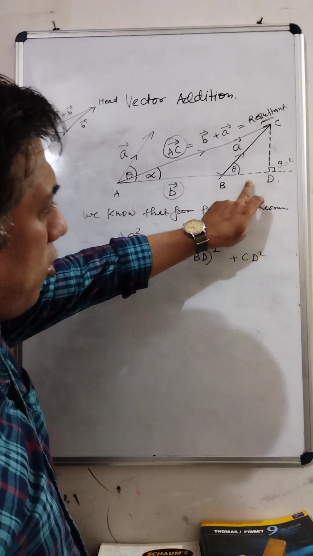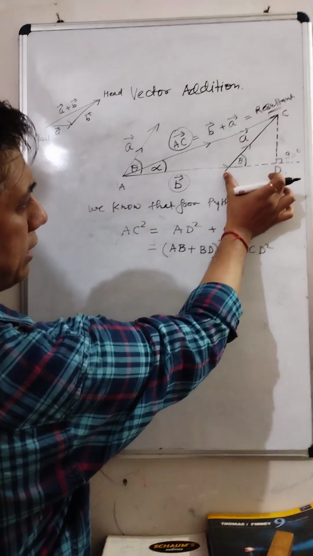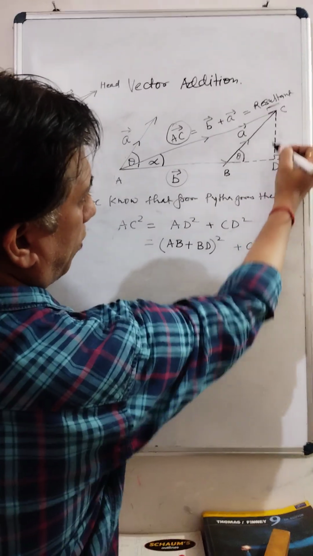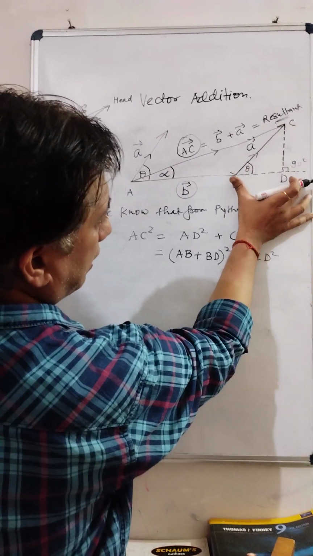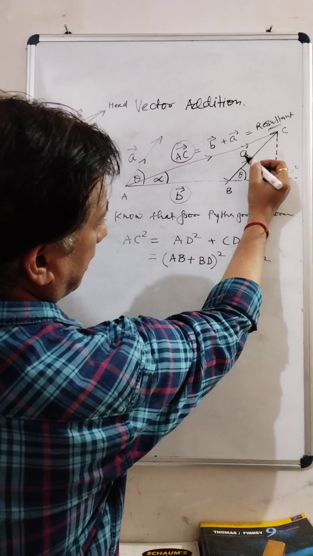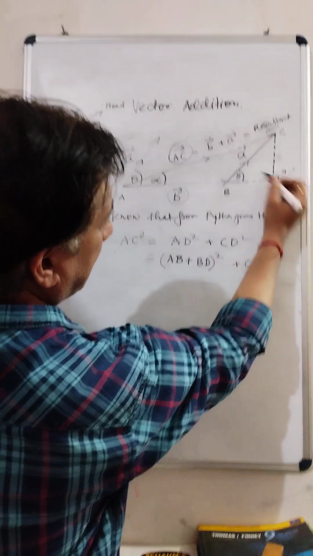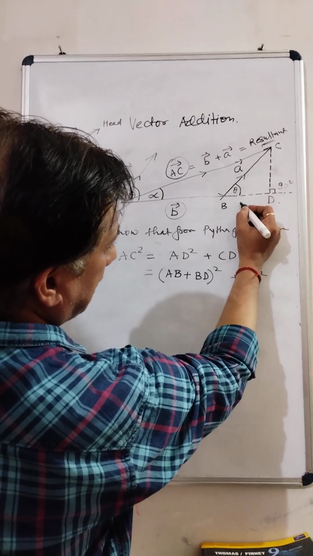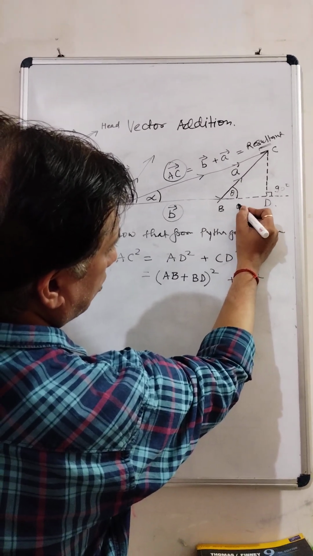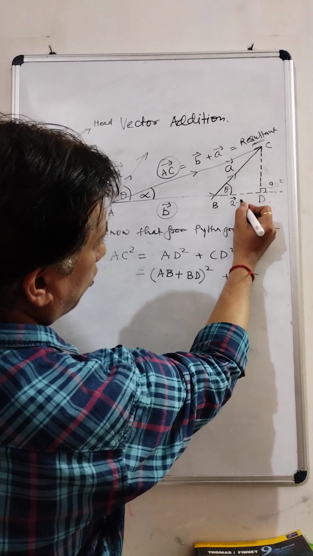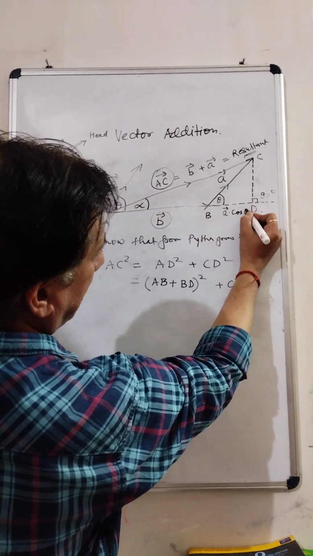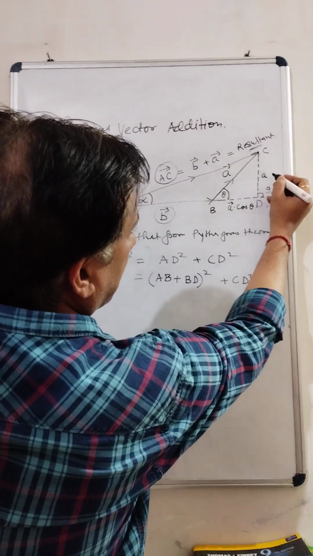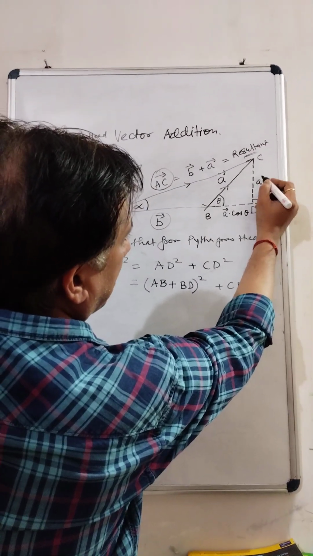Now we concentrate on this BD. This BD is the component of this vector along this direction, meaning the angle between BD and A is theta, and this is A vector. Then BD is equal to A vector into cos theta, and CD is A sin theta.